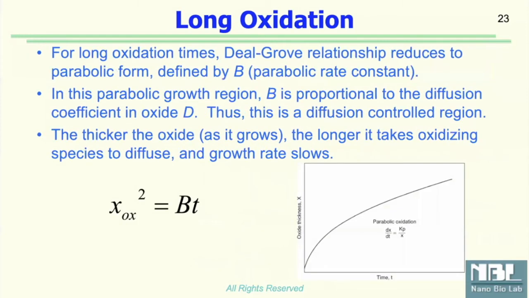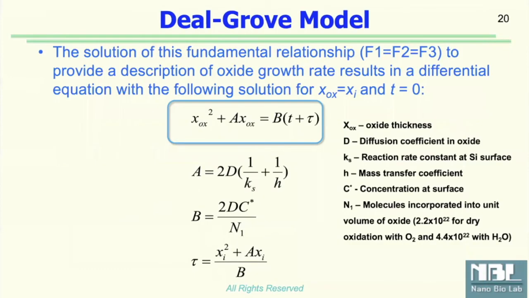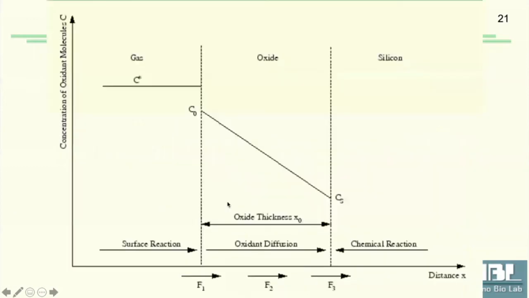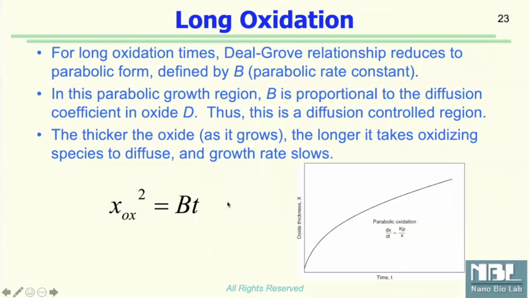Now, if you do long oxidation, that relationship reduces to a parabolic form where it just depends on B. B is proportional to the diffusion coefficient in oxide, D. Going back to that relationship, we see that B has a direct relationship with diffusion coefficient D in the third equation. This is a parabolic relationship, and I've shown that as it goes thicker, the thickness increase goes down.